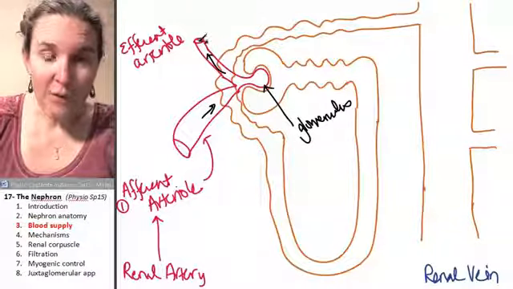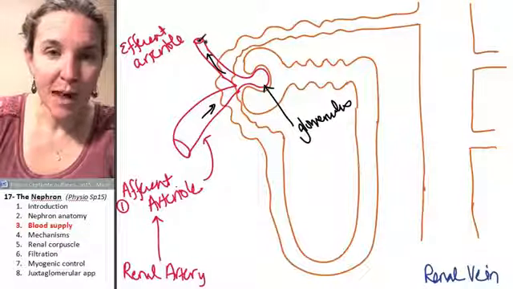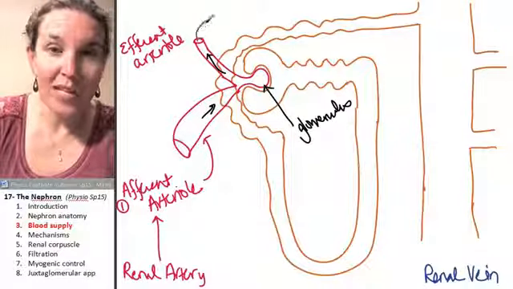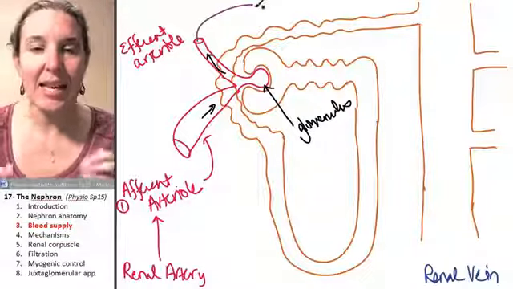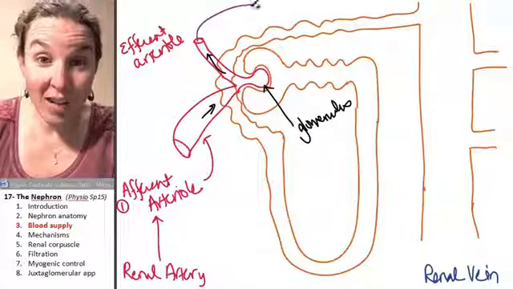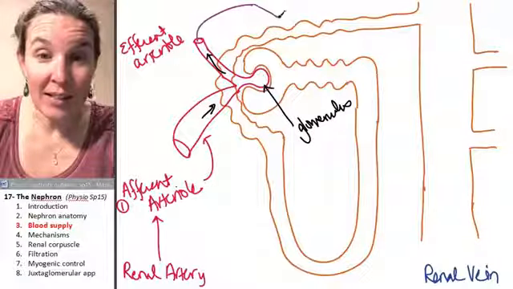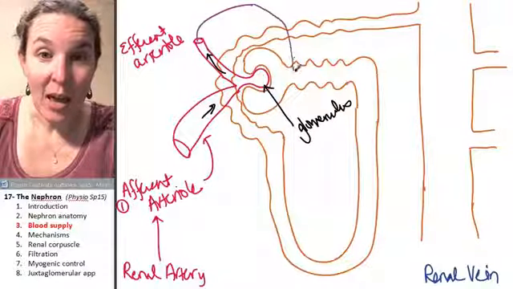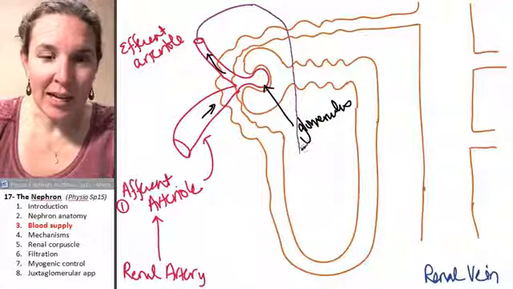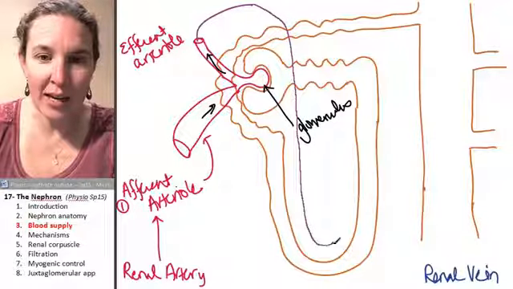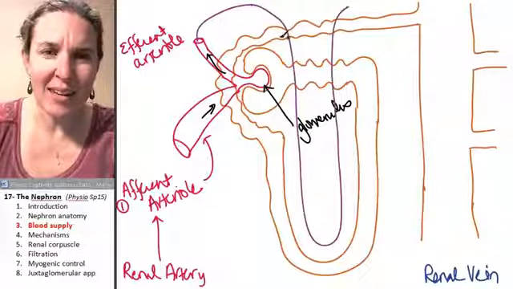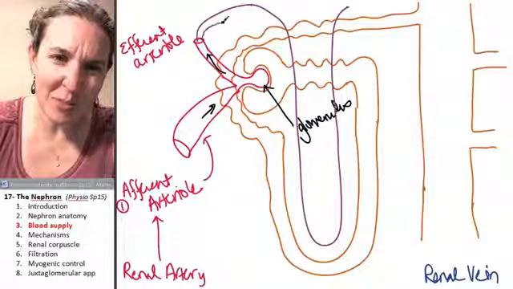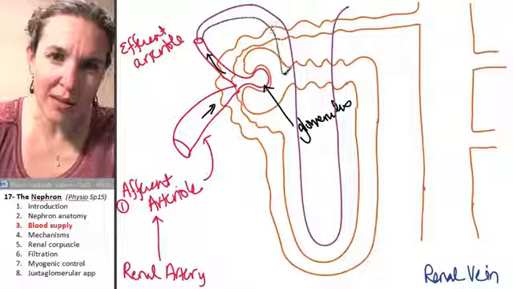Efferent arteriole, you ready for this? Efferent arteriole feeds into, now this is a net. It is not a line. I'm drawing it like it's a line, so that you can kind of visualize the ultimate outcome. And I feel like it's probably a good idea for me to make this a tube so that you can see.